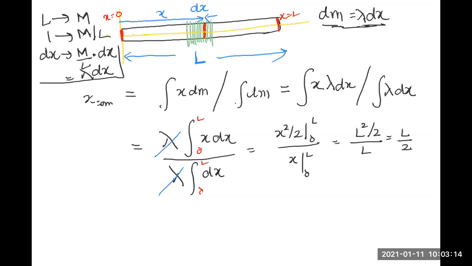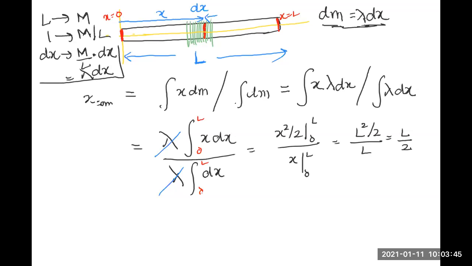Next, once you have located the element and you have introduced a new variable with the corresponding d term, all you have to do is write down the value of the x coordinate of center of mass in this case. But in general, you have to write down the value of the physical variable that you are trying to find out for the whole object in terms of this x and dx. Okay, so I have written the value of the x coordinate of center of mass in terms of x and dx.